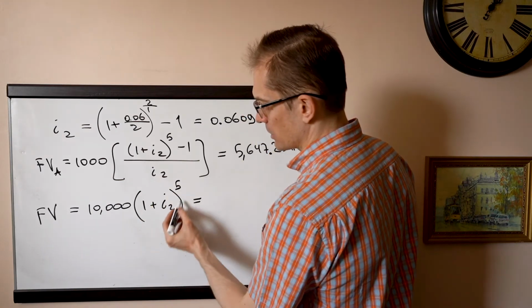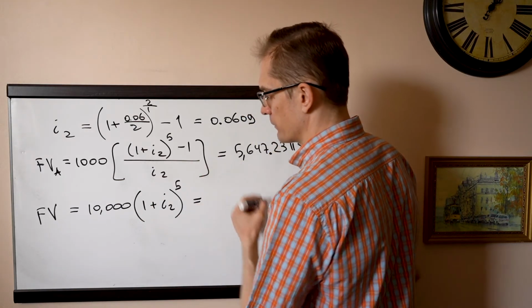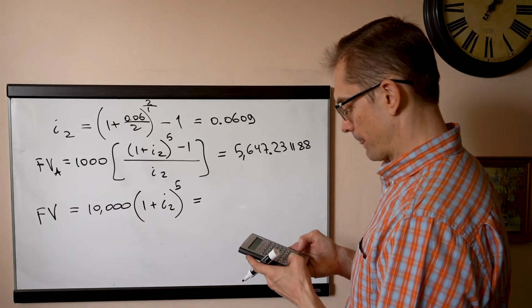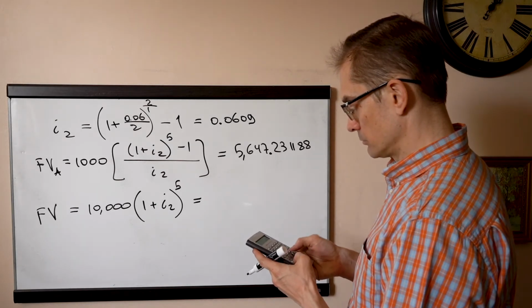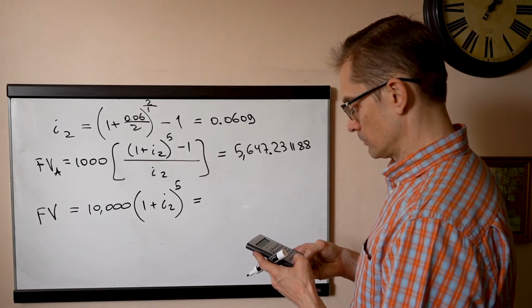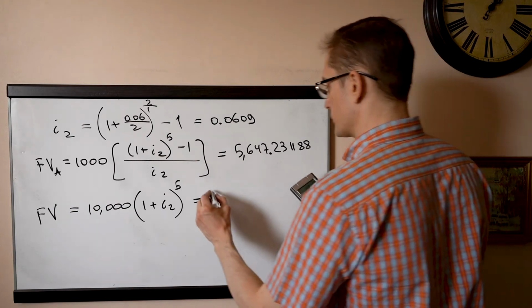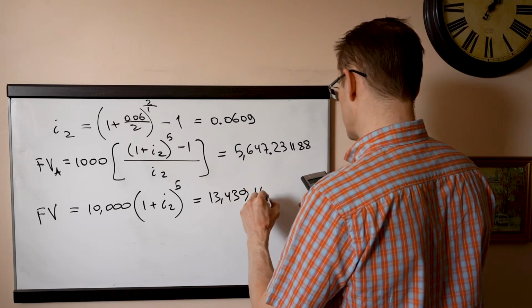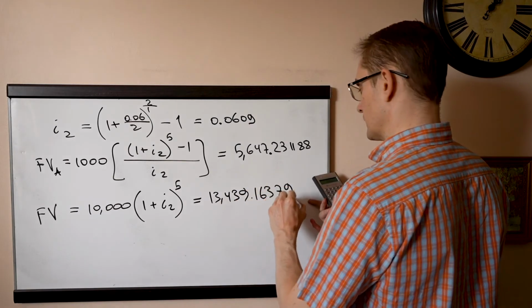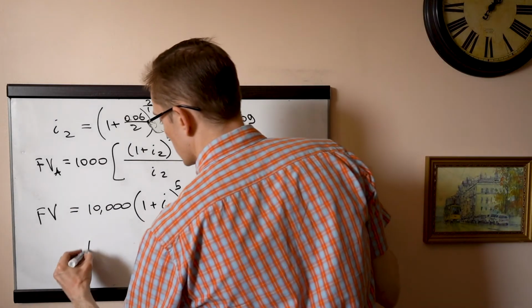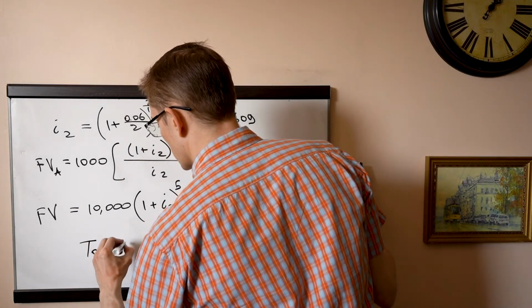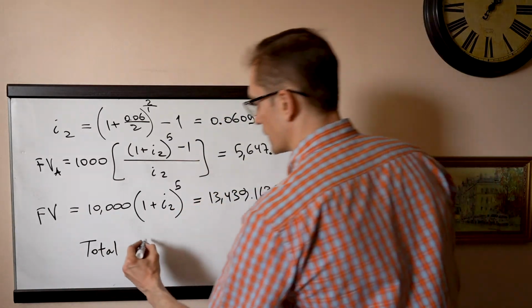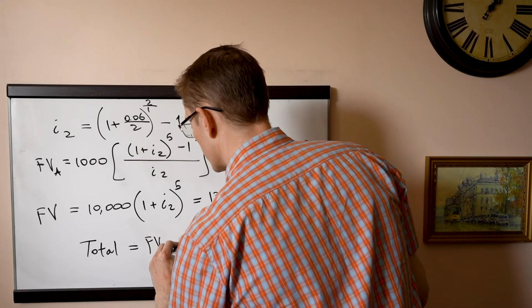That's the rate per year, and I have 5 years here. So this will be 13,439.16379.